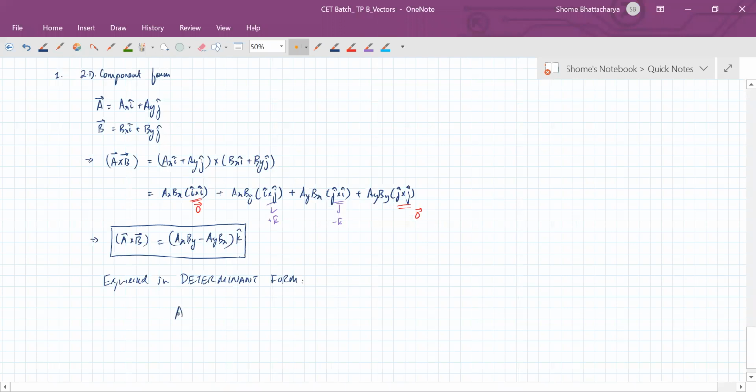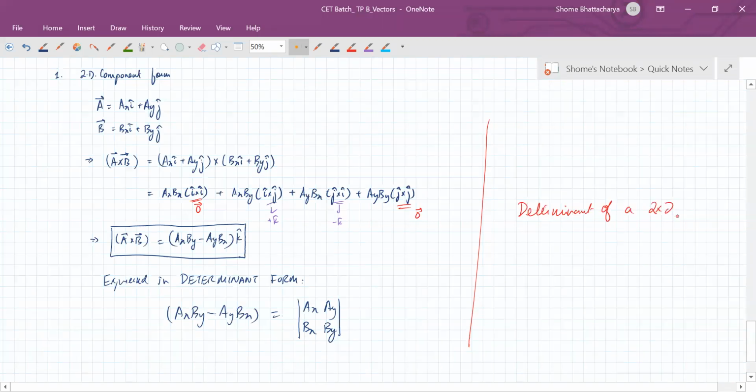So this quantity Ax By minus Ay Bx can be expressed as the determinant of a 2 by 2 matrix.